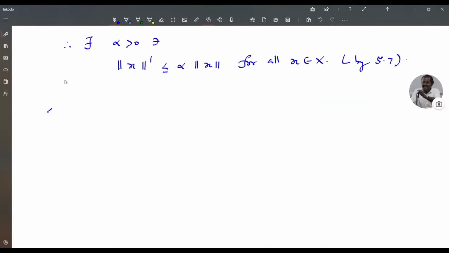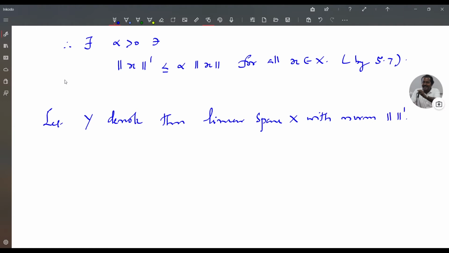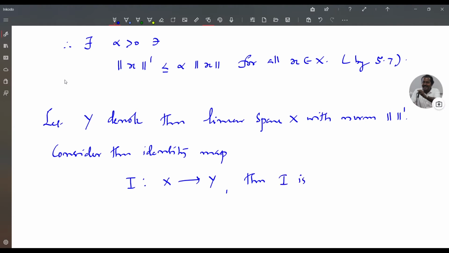So we let Y denote the linear space X with the norm dash, and consider the identity map I from X to Y. Then I is bijective, linear and continuous.